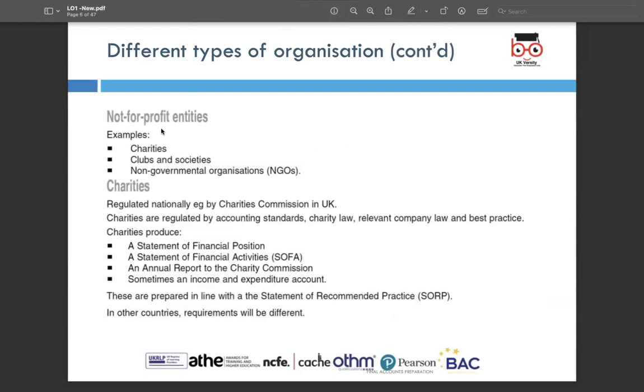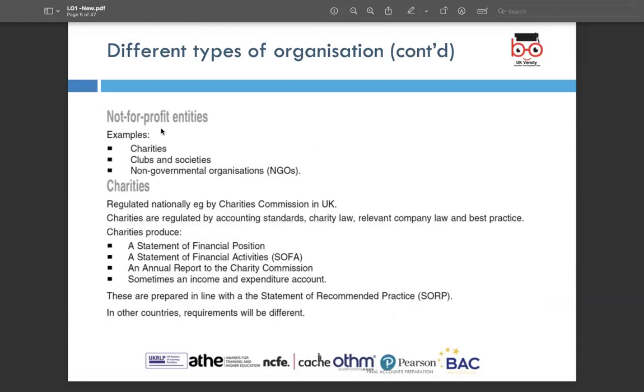Okay, so a different type of organization is not-for-profit entities and charities. Not-for-profit entities operate with the primary goal of serving public or social interests rather than maximizing profits. Examples include charities, clubs, societies, and non-government organizations.